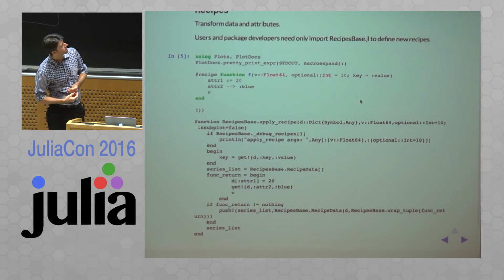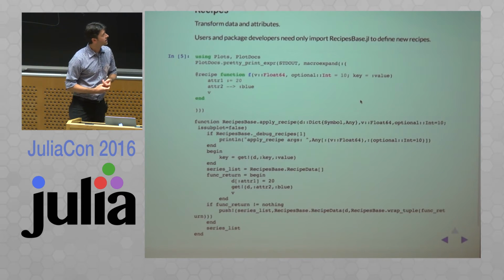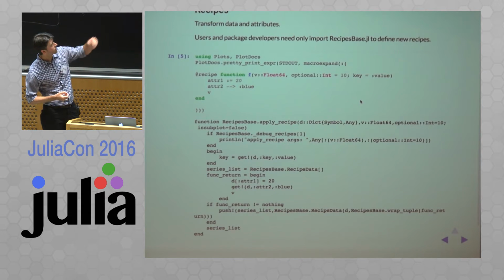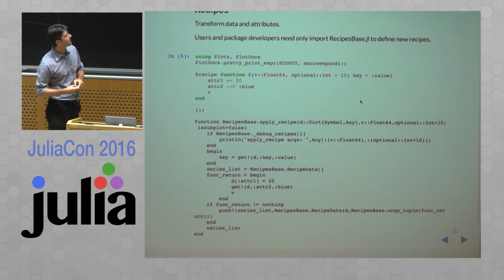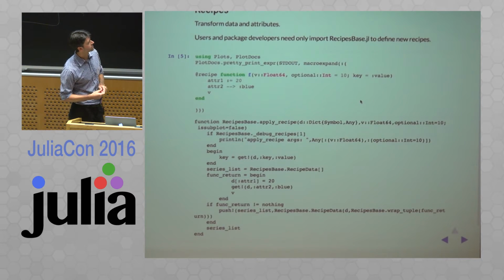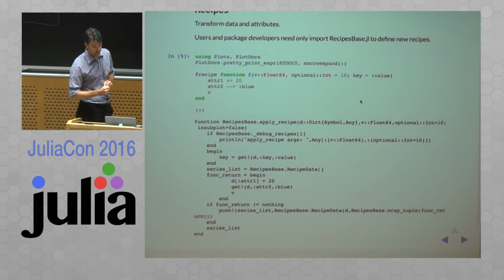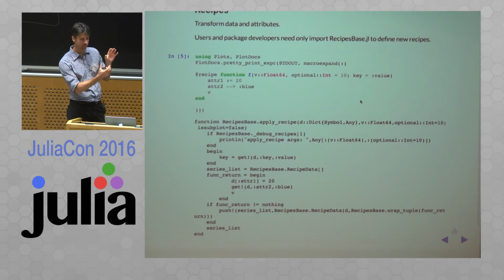If you look at the expanded version of that, the first important thing to note is there's this mythical object d, which is a dictionary, our attribute dictionary, that gets inserted at the beginning. With every recipe function that you make, there's always going to be this d dictionary that holds all of your attributes.